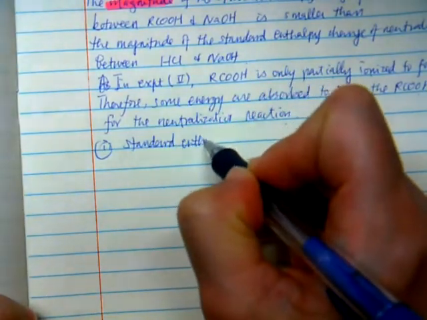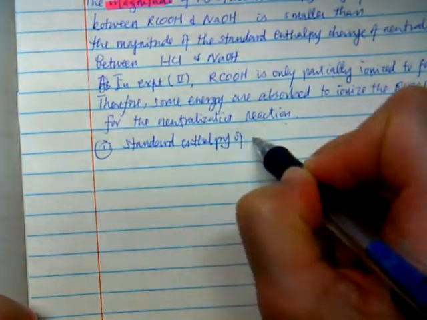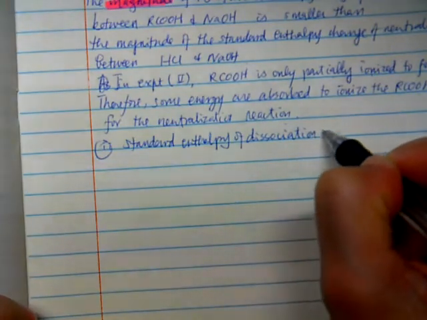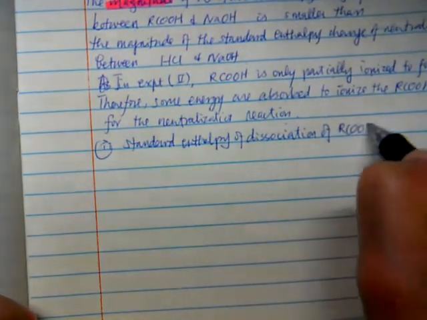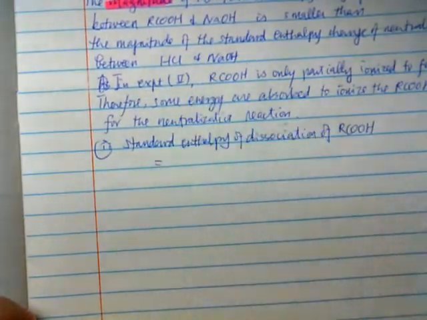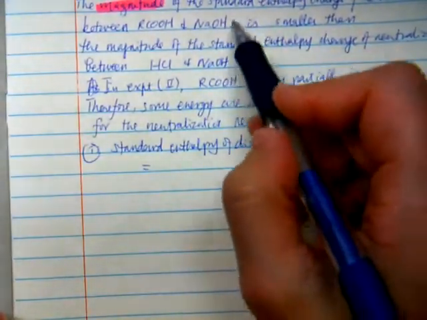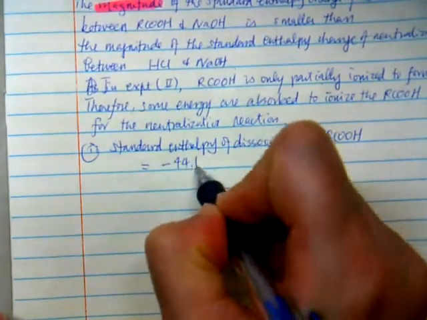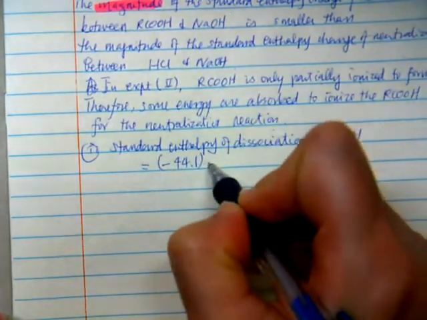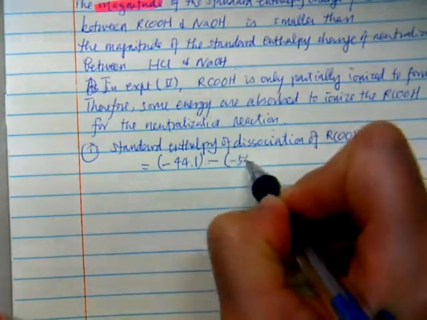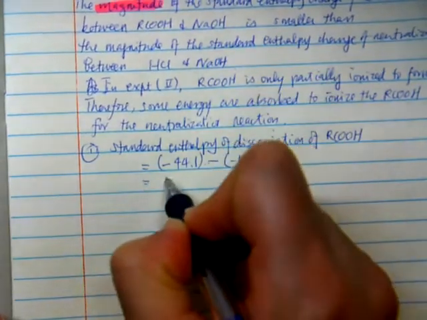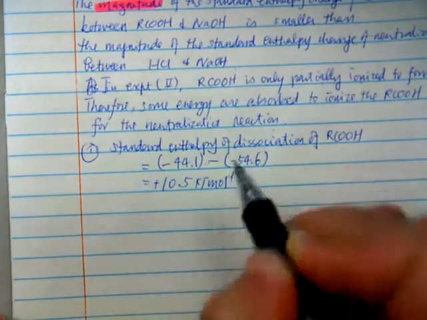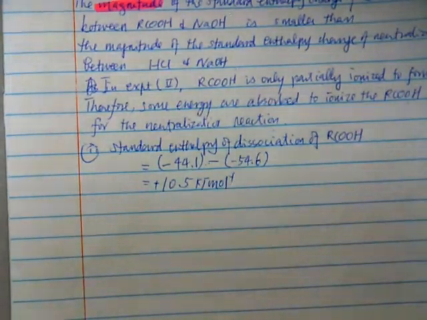Standard enthalpy of dissociation of RCOOH is equal to the difference between these two values, negative 44.1, this is the first number, minus negative 54.6, which is +10.5 kilojoule per mole.